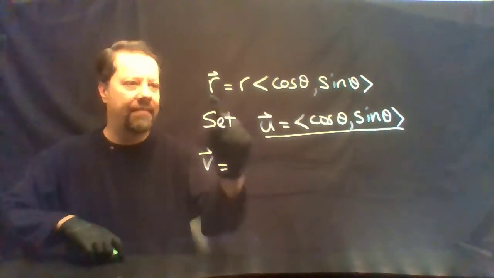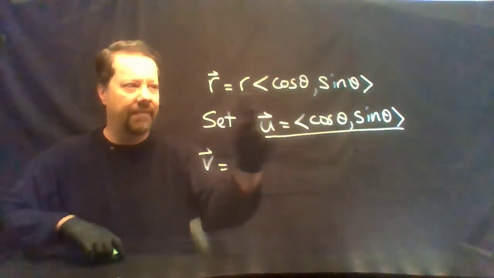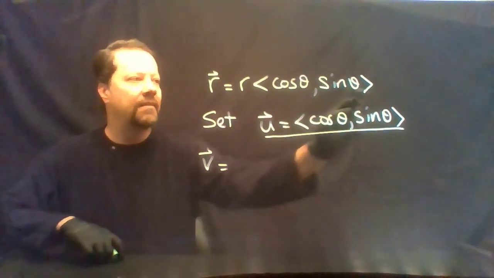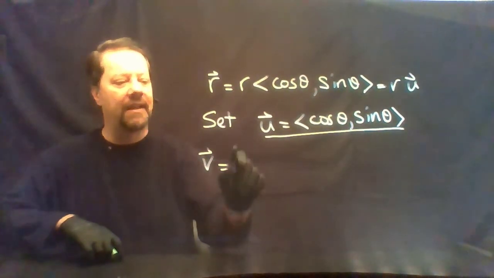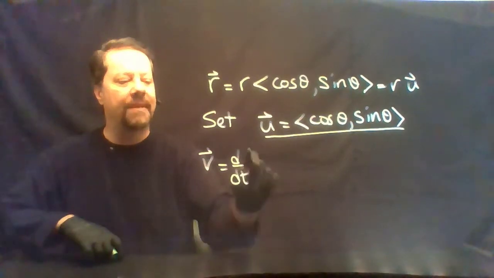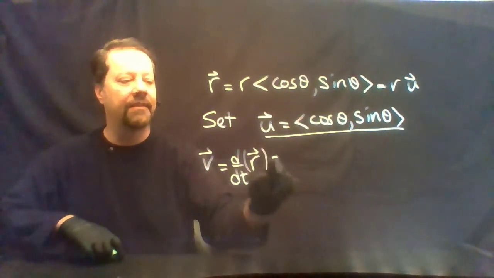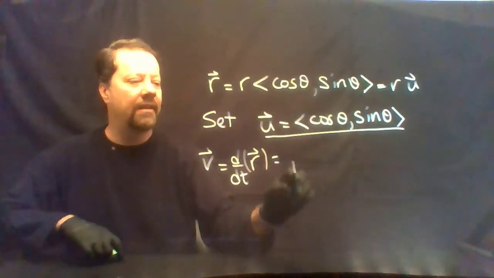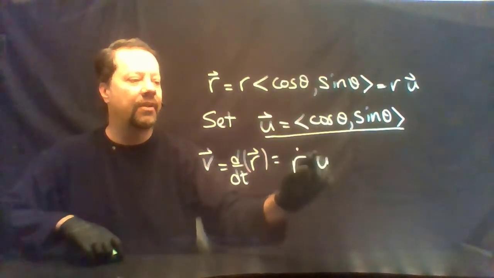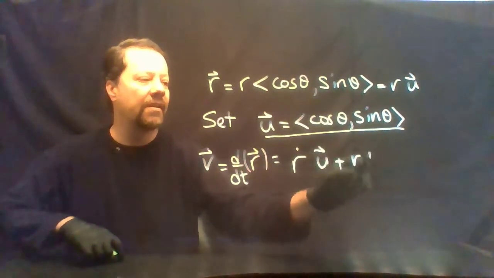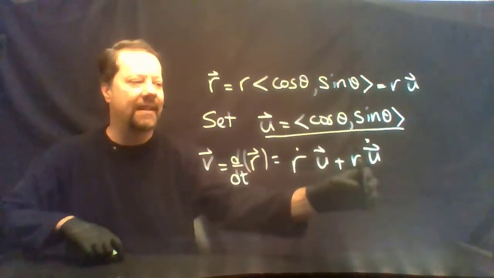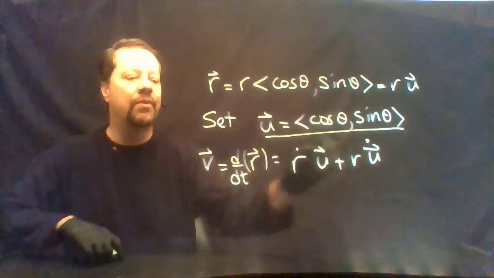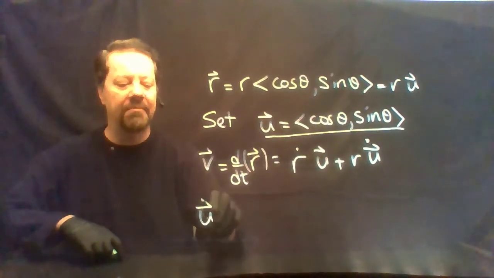The velocity vector, if the position vector is given like this, where we have r times u, will be the derivative with respect to time of that position vector. That's going to be r dot u plus r u dot. Now I want to investigate this u dot, the derivative of u with respect to time.